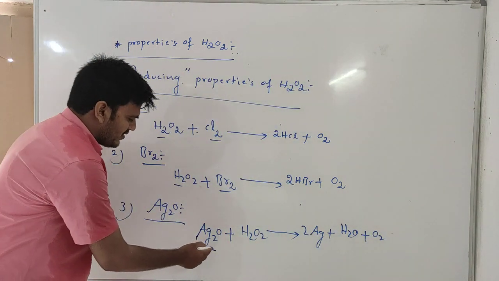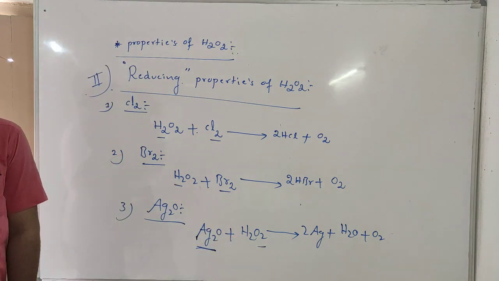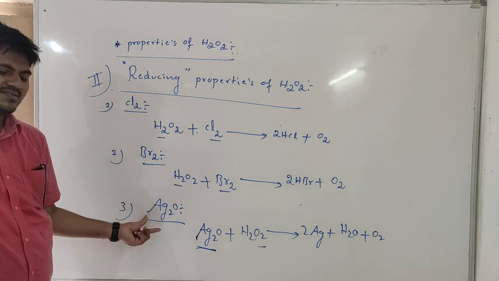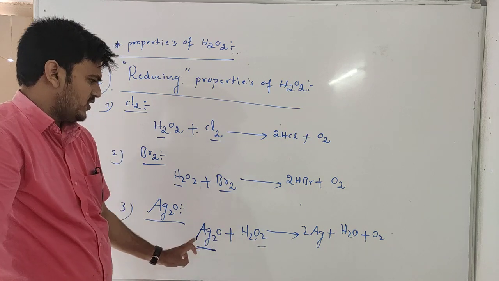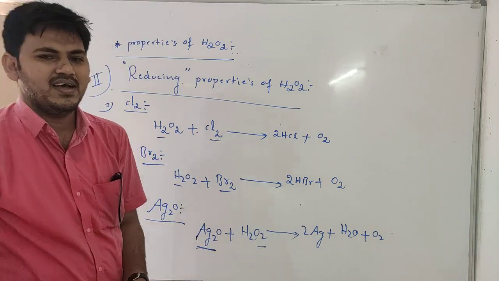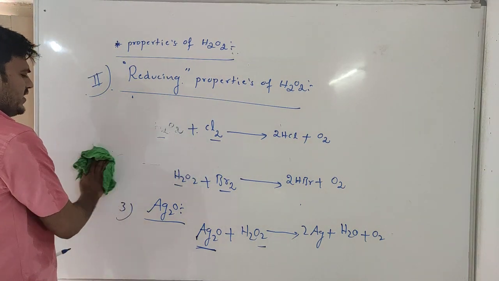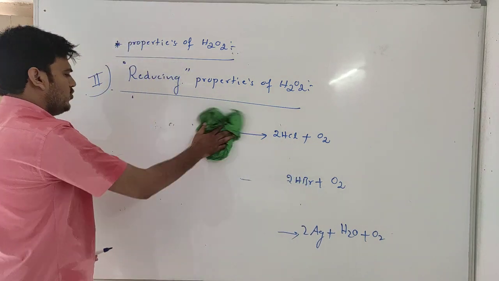So first one chlorine, second one bromine, third one disilver oxide Ag2O plus H2O2, giving 2 moles of silver, H2O water and oxygen gas.